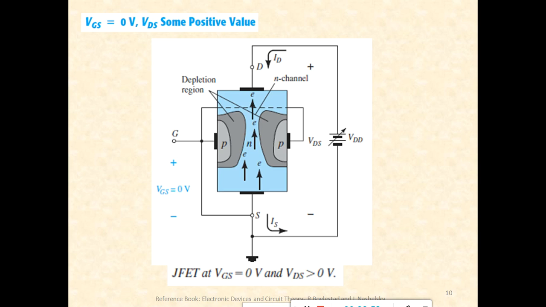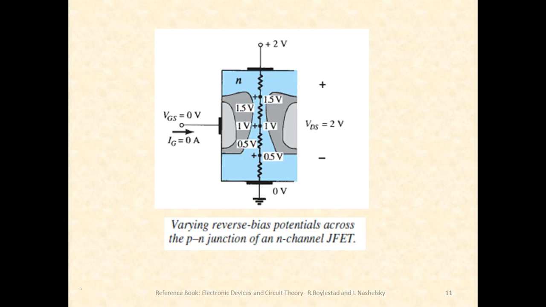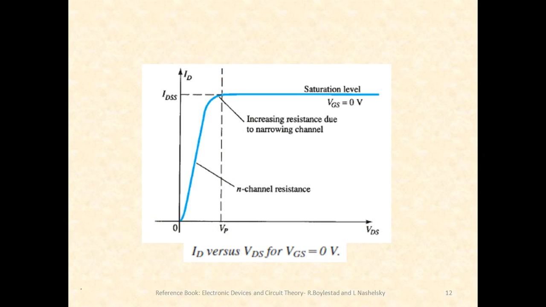Okay, so when VGS is 0 and when VDS has some positive value, then what will be the behavior of the current? Okay, so we have gone through these things already. Just to reiterate, this region is called linear and the next region is called saturation.